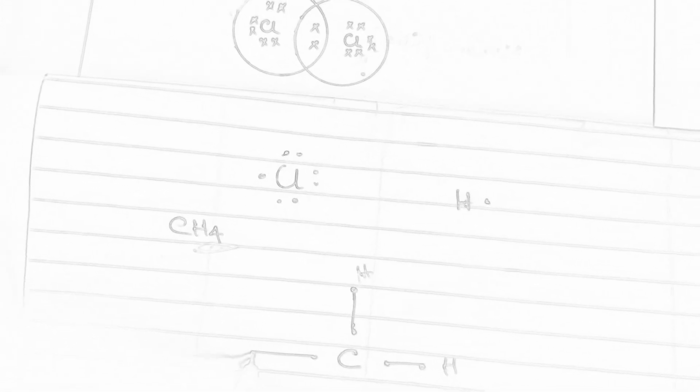Carbon has 4 electrons to share and hydrogen has 1 each. This is the structure for CH4. Now we are going to see the structure of ammonia, NH3.